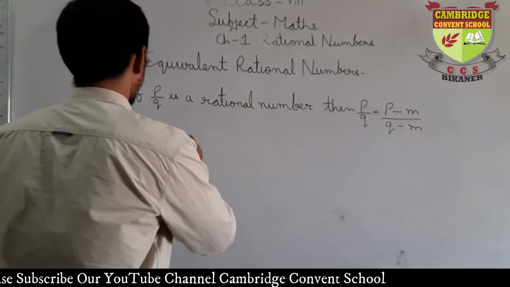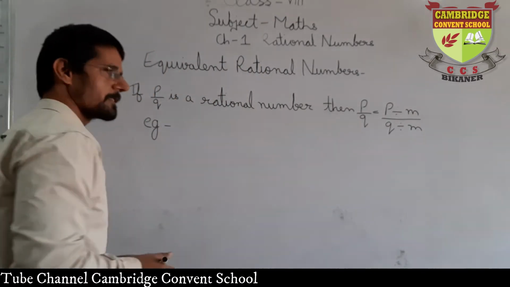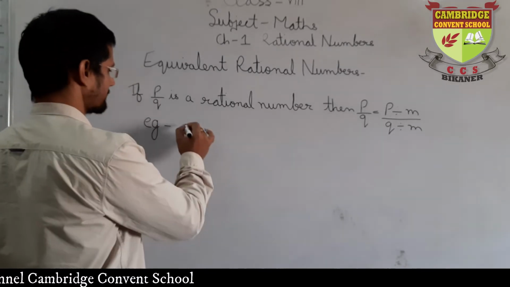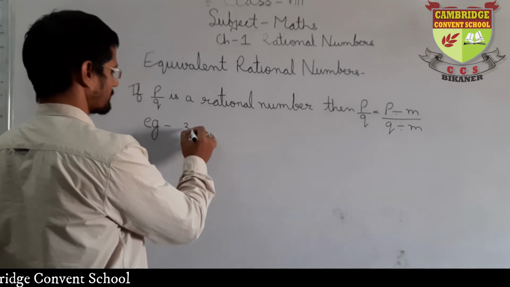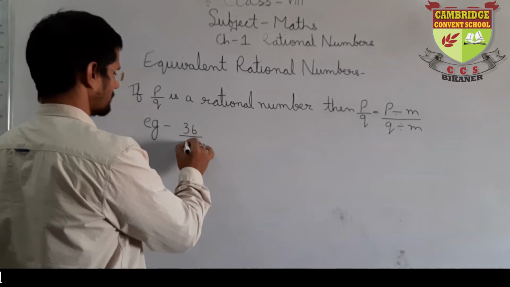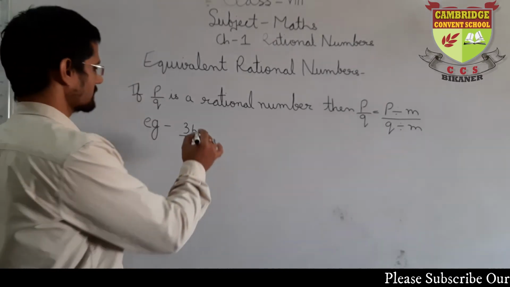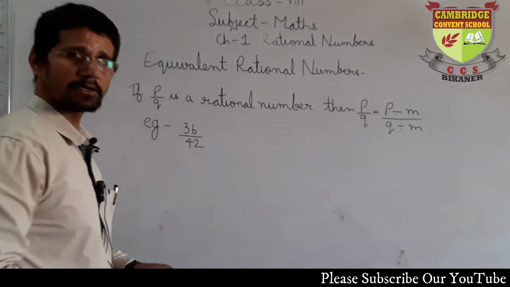Let's look at an example. Let's take the rational number 36 upon 42.